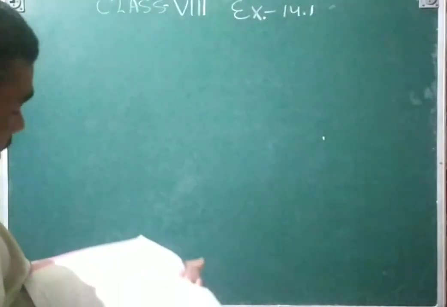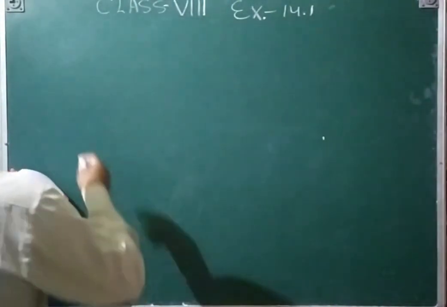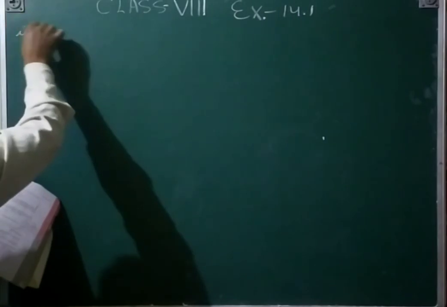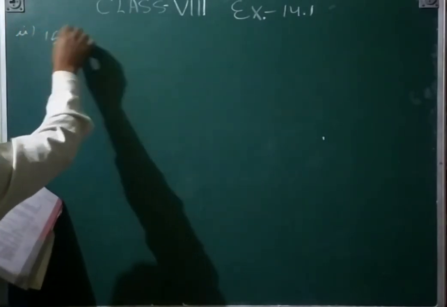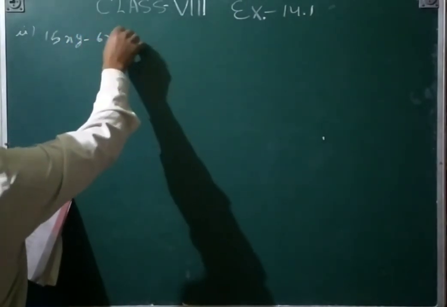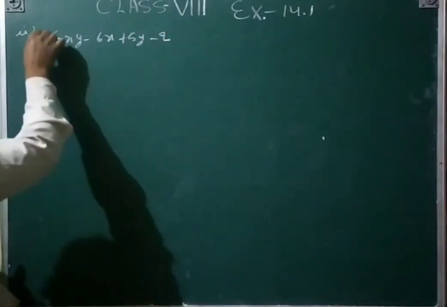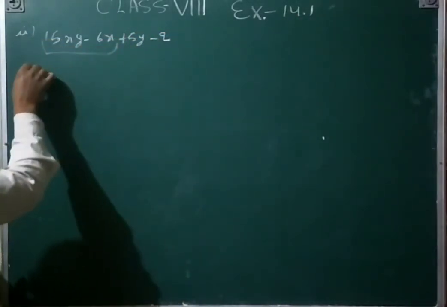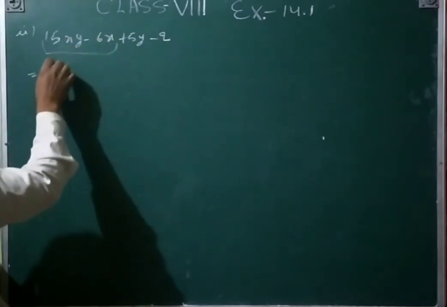First part I have done, and then the second part, that will be 15xy minus 6x plus 5y minus 2. In these two you are looking that common is 3 and then x is also.